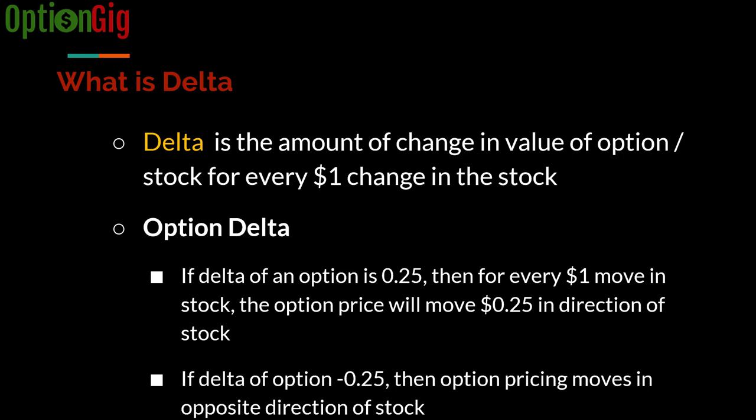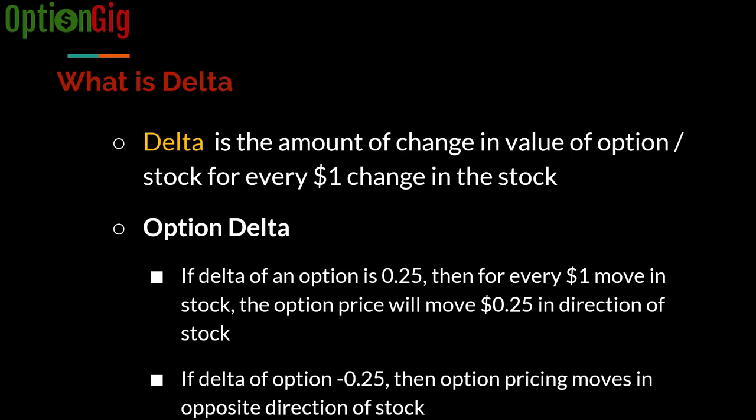If the delta of an option is 0.25, then for every $1 move in the stock price, the option price will move 25 cents, because delta is the amount of change in the value of an underlying, whether the underlying is an option or a stock, for every $1 change in the stock.